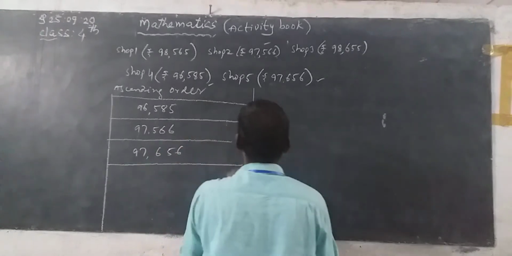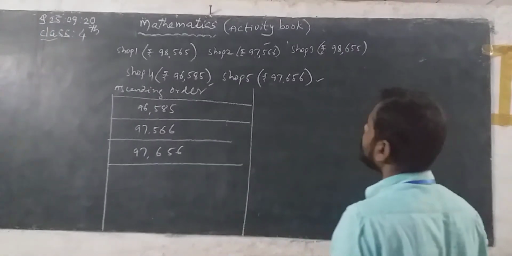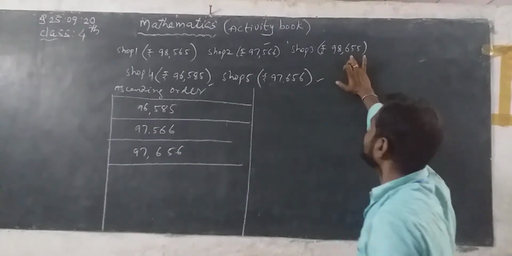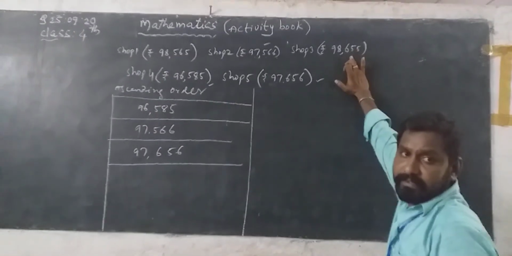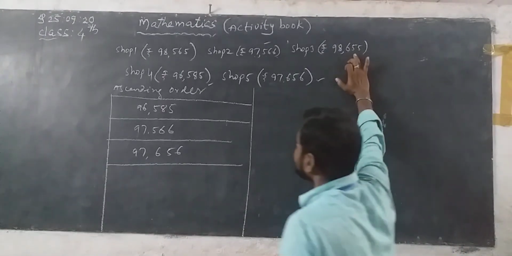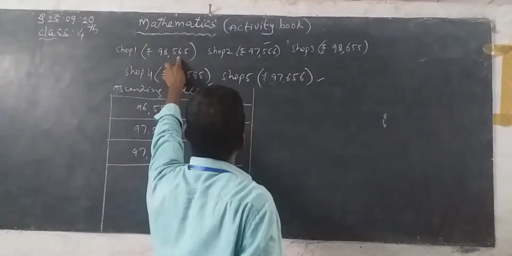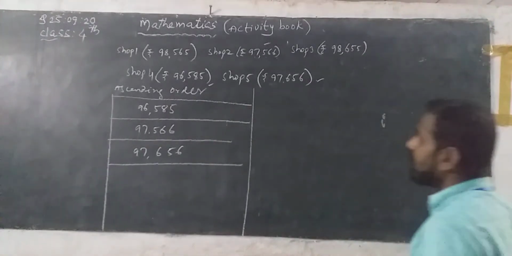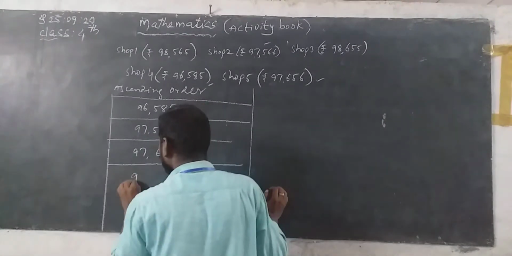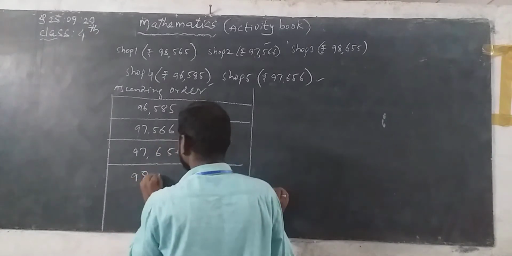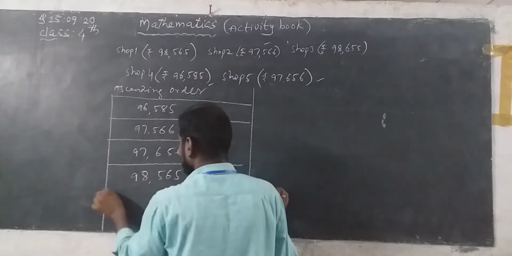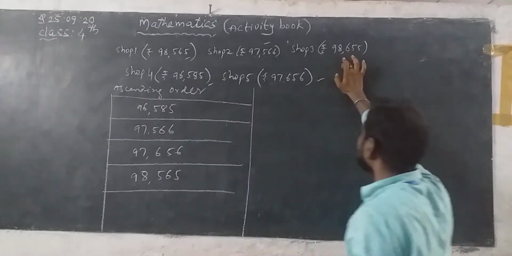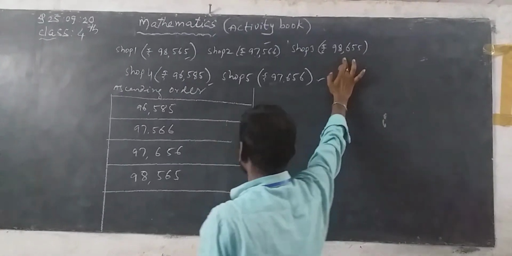Now next, remaining how many are there? 98,565, 98,655. In it, 98,565 is the smallest number than 98,655. Then you can write here 98,565.